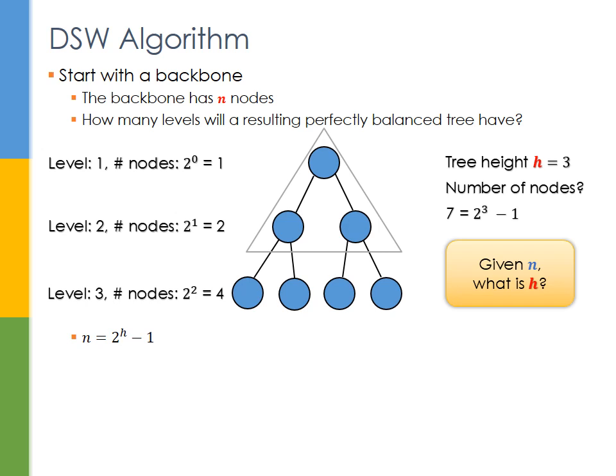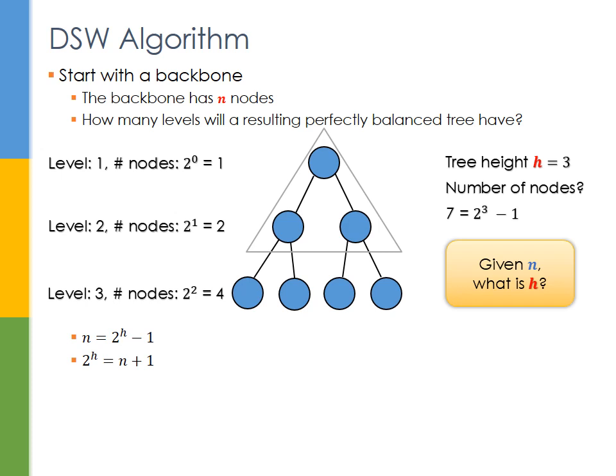Alright, so let's then write down this formula that we have been using so far. So we have n, which is the number of nodes in the tree, and this is equal to 2 to the power of h, where h is the height of the tree, and then we subtract 1 from that. So let's rewrite this by moving the 1 from the right-hand side to the left-hand side.